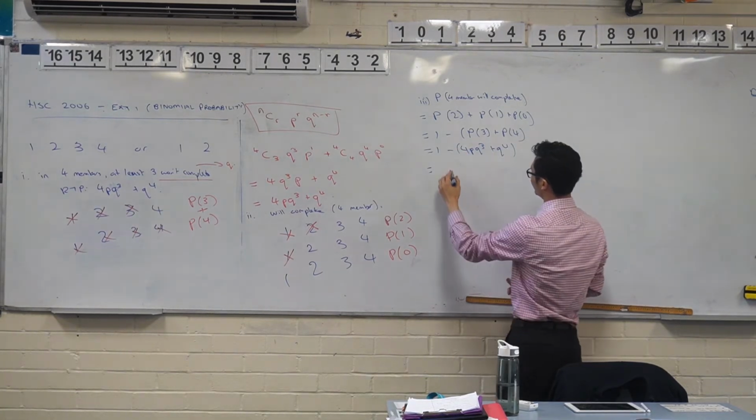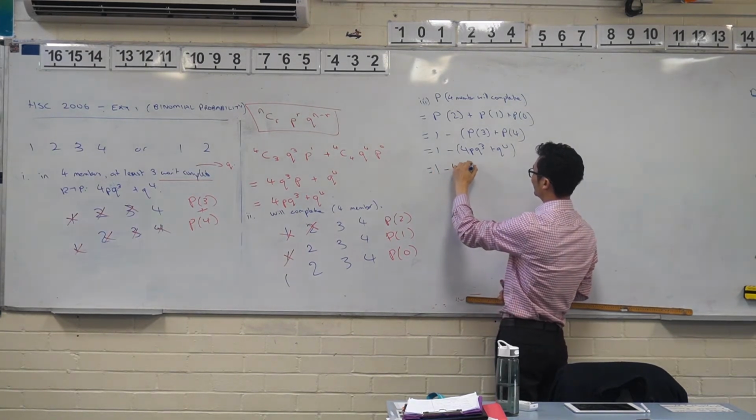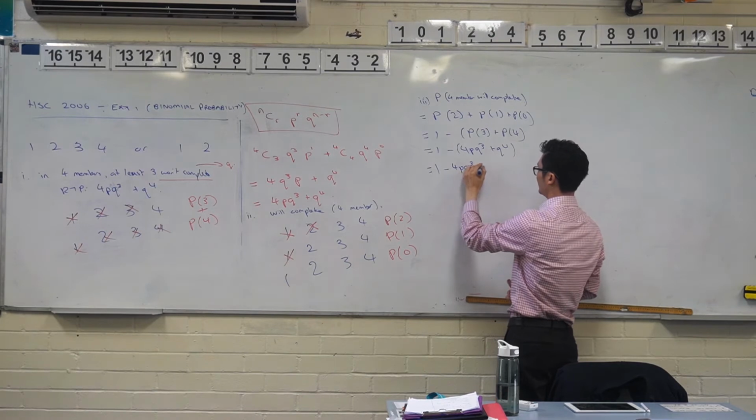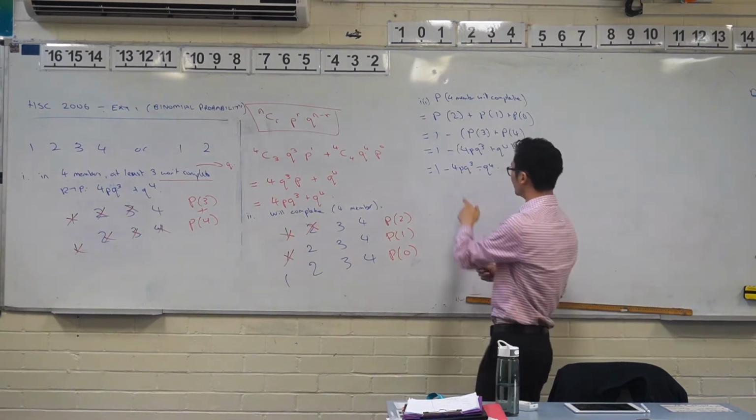And then that gives us, well, it doesn't really simplify nicely, but you can leave it like that or just expand out that bracket as well. So that's our expression that the 4-member team will complete.